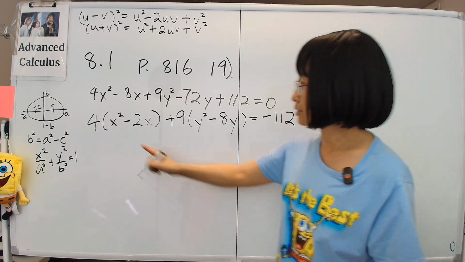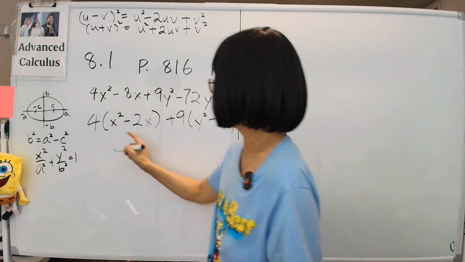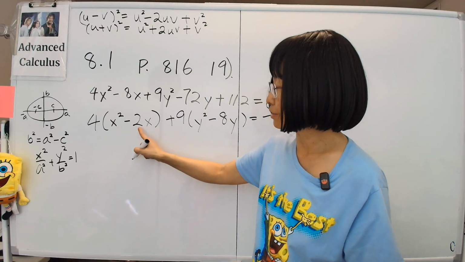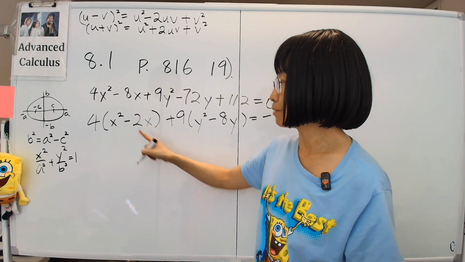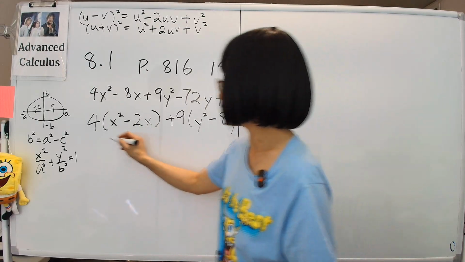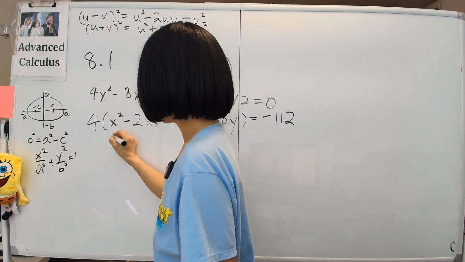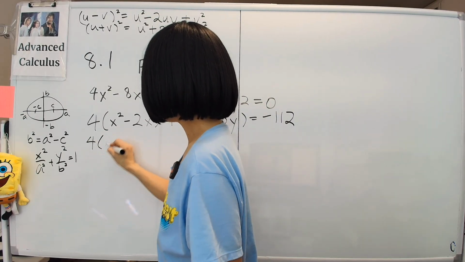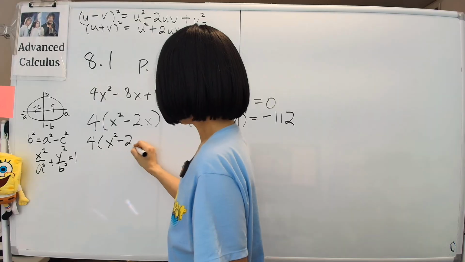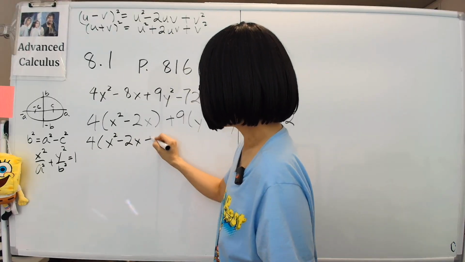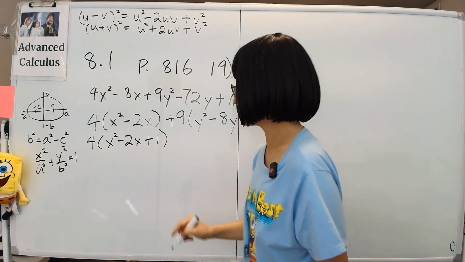And so the next thing we're going to do is completing the square, which means we take the number in front of x, divide it by half and square it, to make it a perfect square. So that becomes 4 times x squared minus 2x. Half of 2 is 1, squared is still 1, so that is the perfect square.